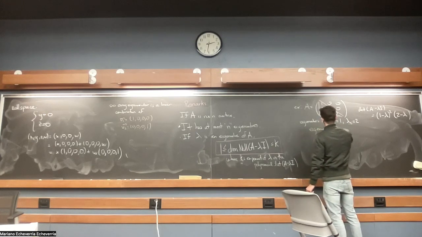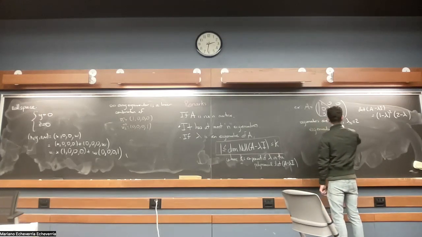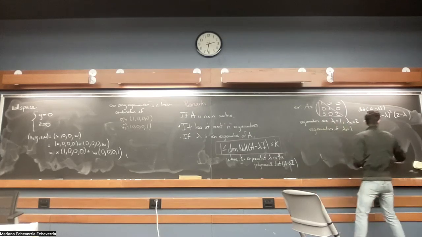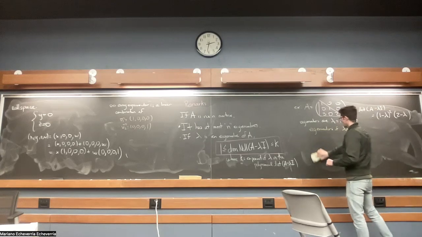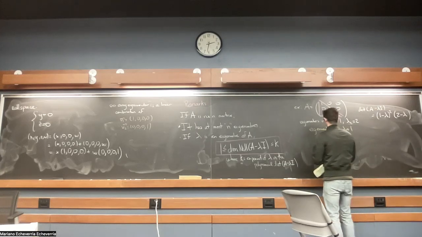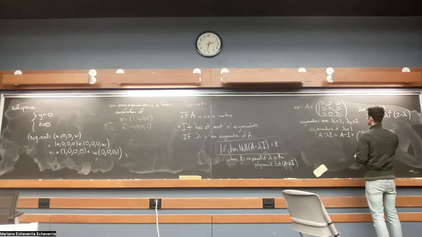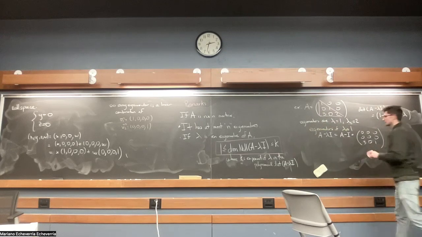So what are the eigenvectors for lambda equals 1? Again, you have to look at A minus lambda I, which is A minus I in this case. When you subtract the identity matrix, you get the rows 0, 0, 0; 0, 0, 0; 3, 0, 1, right?